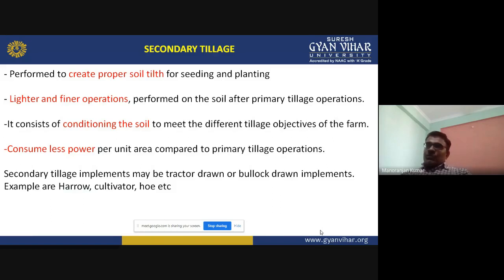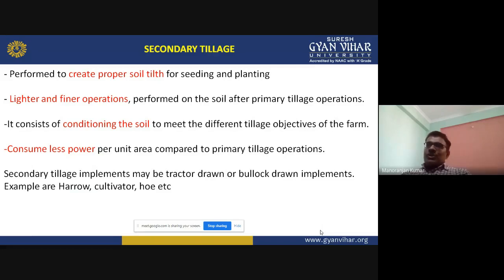It consists of conditioning the soil to meet the different tillage objectives of the farm. Since this is a lighter operation, obviously it will consume less power per unit area compared to primary tillage operation. Examples of these secondary tillage implements are harrow, cultivator, hoe, etc.